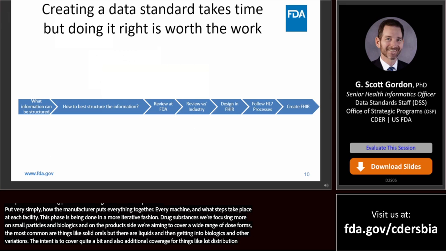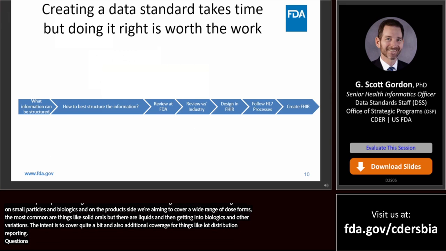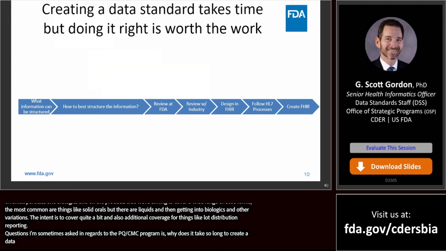So a question I'm sometimes asked in regards to the PQCMC program is, why does it take so long to create a data standard? Well, creating a data standard from scratch is an inherently immensely time-consuming process. And this is meant to be sort of an overview of why.